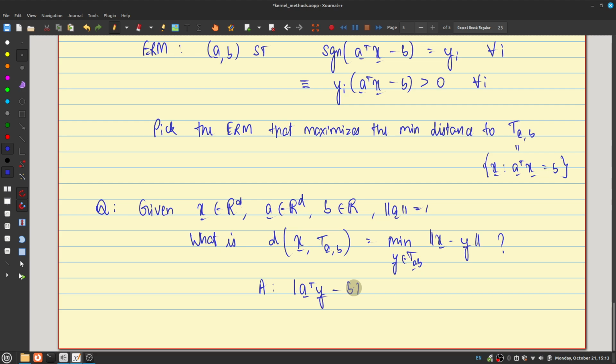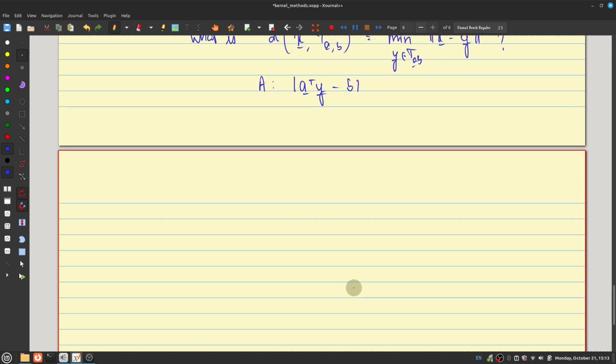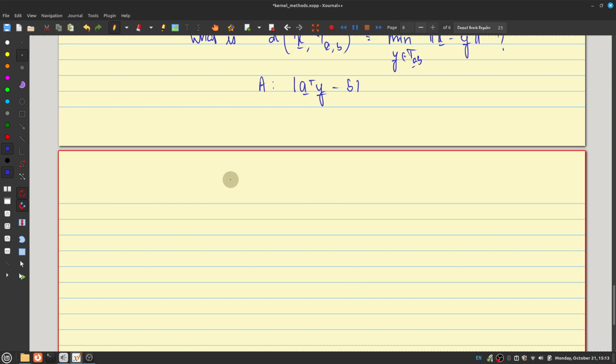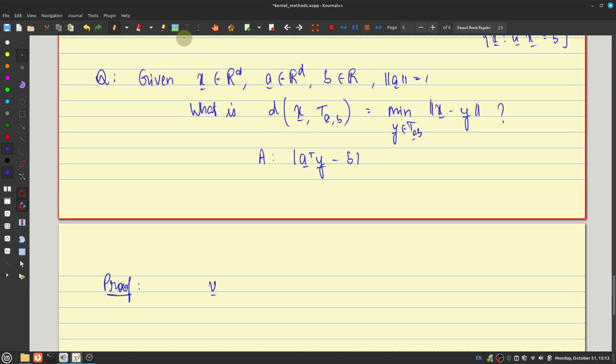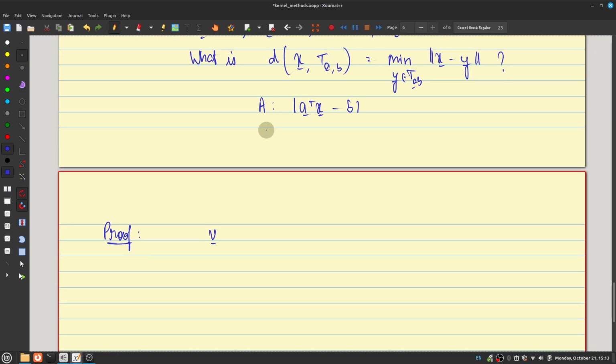Let's prove this. Sorry, this should be A transpose X minus B, because I'm looking at the distance from X to H(A,B).